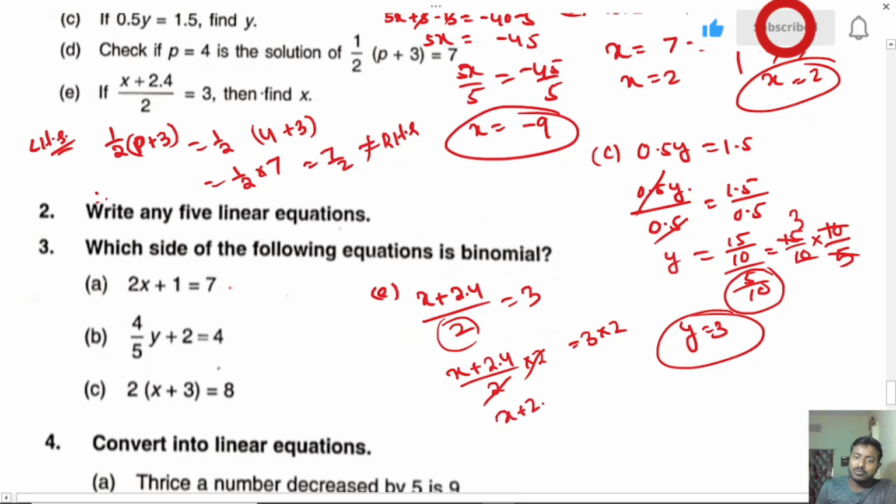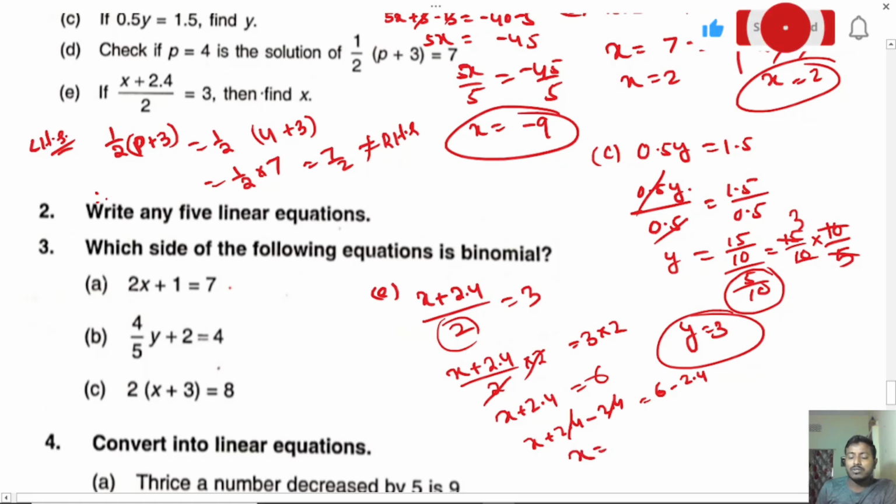So x plus 2.4 equal to 6. So x plus 2.4 minus 2.4, then it will be cancelled, equal to 6 minus 2.4. So x equal to, 6 means we can write 6.0, then minus 2.4, that is 3.6. So the answer is 3.6.